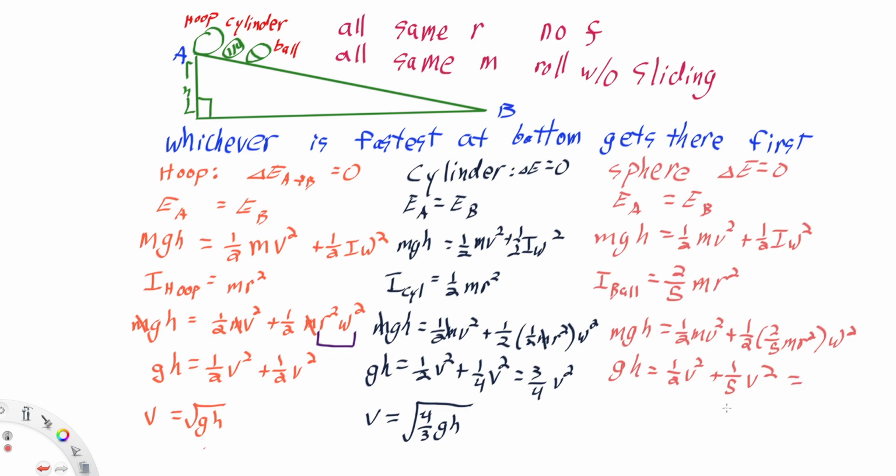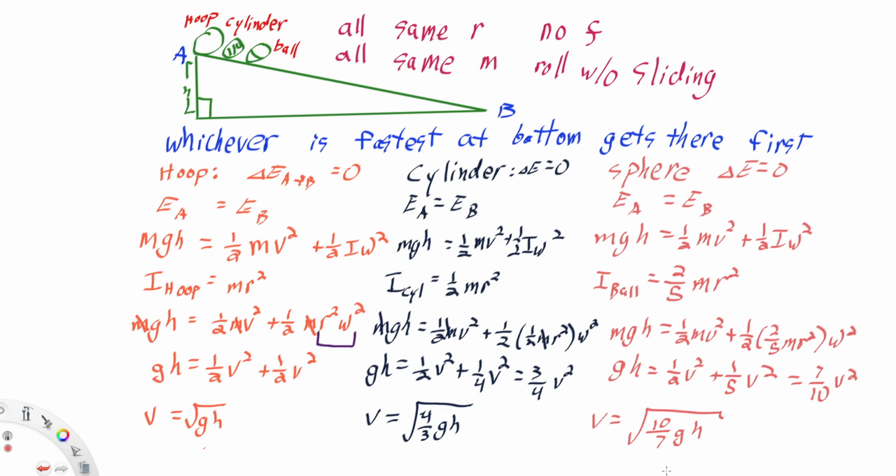Right, so 1/2 plus 1/5 is 7/10. Okay. Questions or comments?